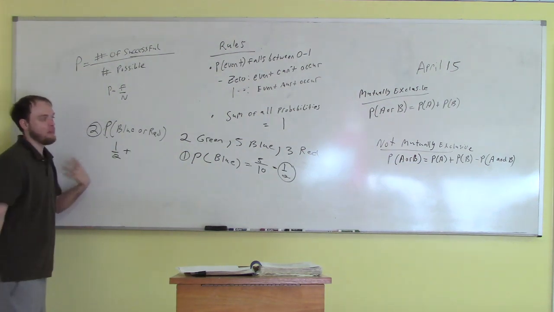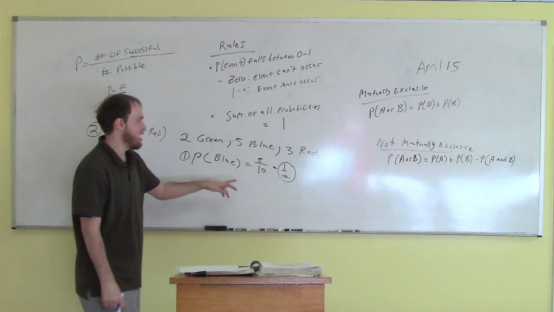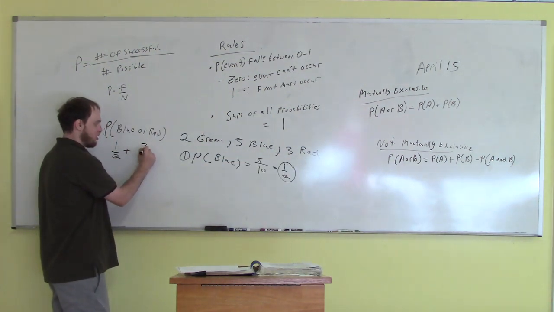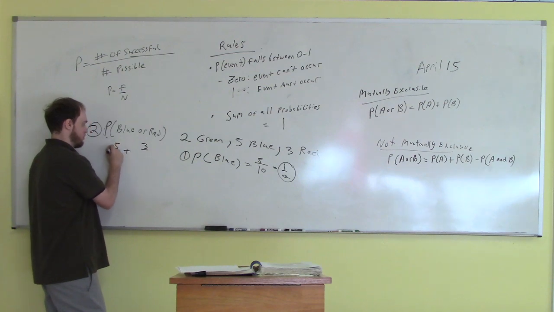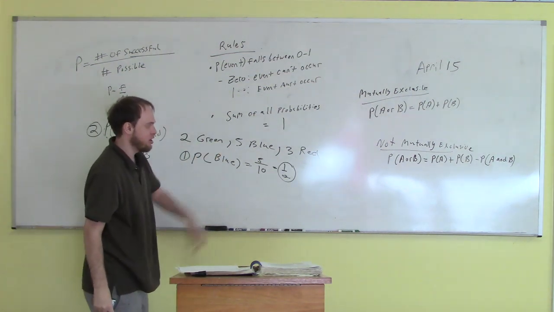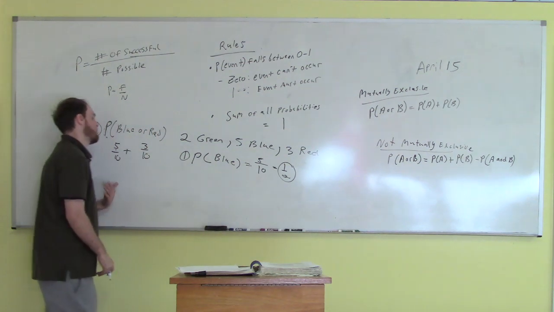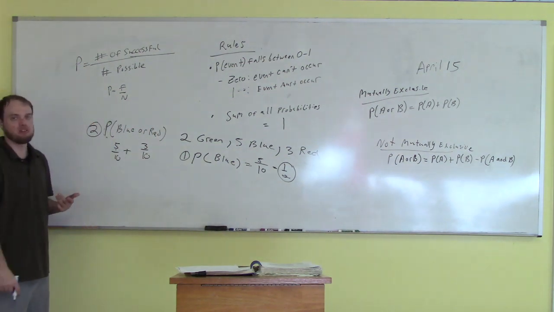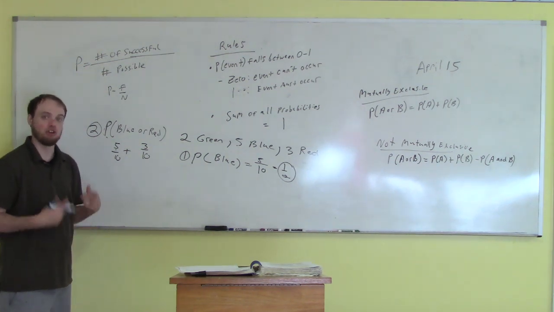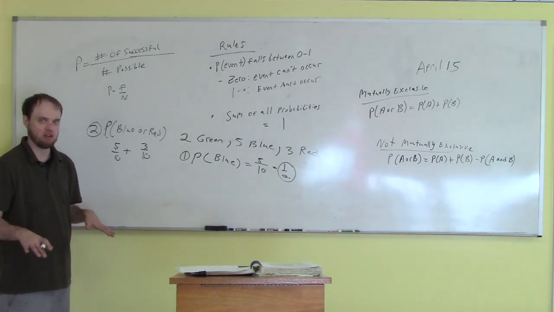Plus the probability of the red. Well, I had 3 red. So plus 3 over 10. There's still 10 marbles, and the red was 3. So I get 5 over 10 plus 3 over 10. And then I'm just going to add those 2 fractions. When you add fractions, you add the numerators together, and the denominator stays the same.